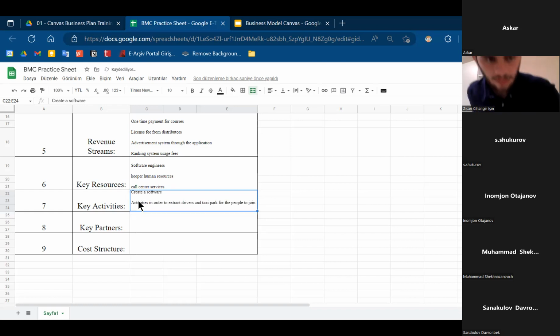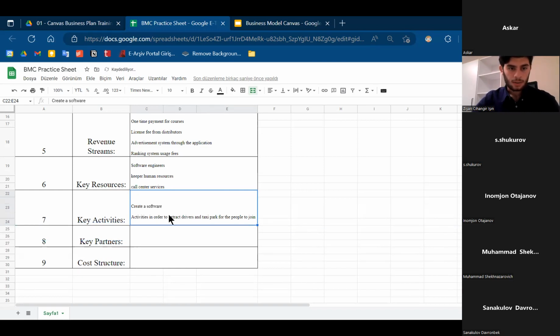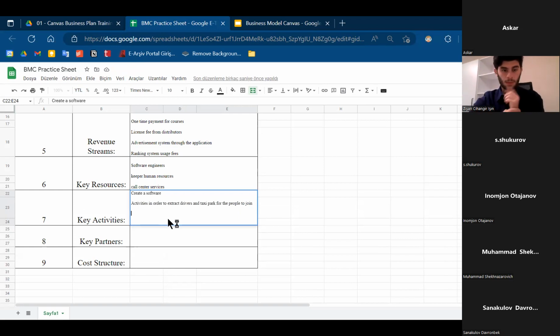Okay, this is actually clear. You need to continue getting attention from drivers to join you, and taxi parks and other things. I mean, in order to conduct practical car courses, riding cars, we have hired drivers.